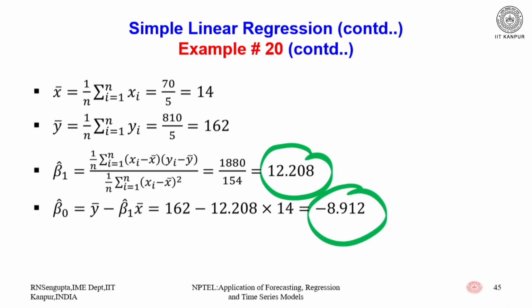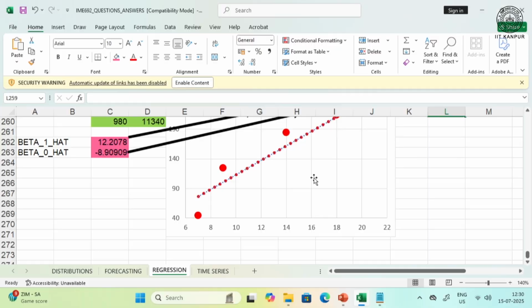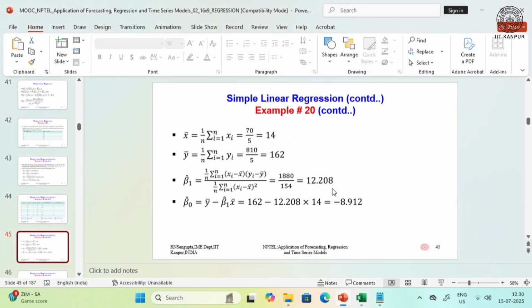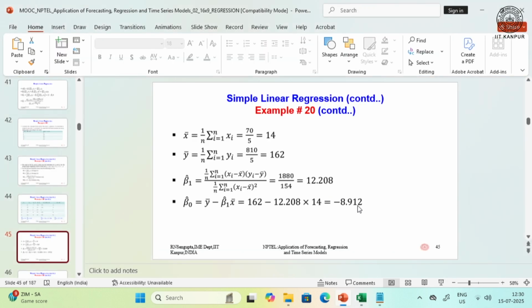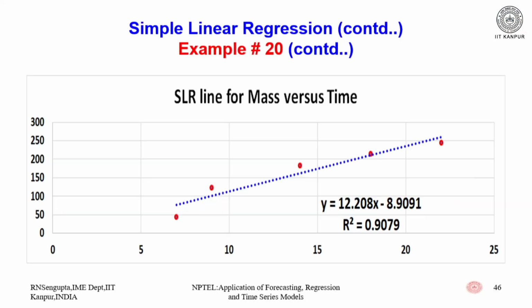These values which you have already seen are here. Here you see 12.20 is 12.20, and minus 8.91 is minus 8.91. I am just not going to the third place of decimal, that is not that important, but the main thing is you should get the idea how the problem is solved.